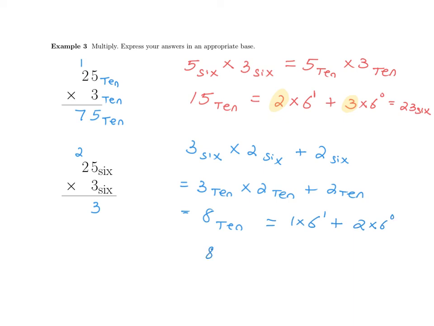And therefore, 8 base 10 is equal to 1, 2 base 6. And the 1 and the 2 came from this 1 and this 2. And then I'll put that right here. So we have 1, 2 base 6. So 3 base 6 times 2, 5 base 6 is equal to 1, 2, 3 base 6.